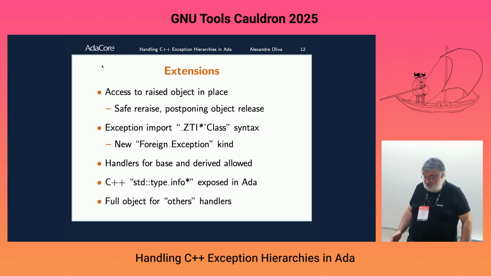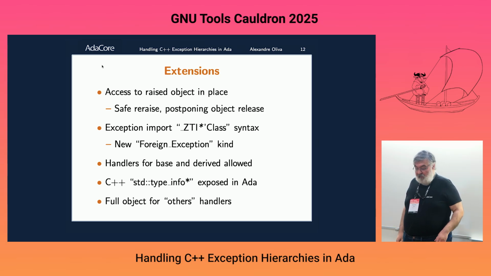We have fixed that. We have introduced syntax to specify base type matching, so you can handle exceptions that will catch derived types as well. And this was implemented in the runtime as a new foreign exception kind.